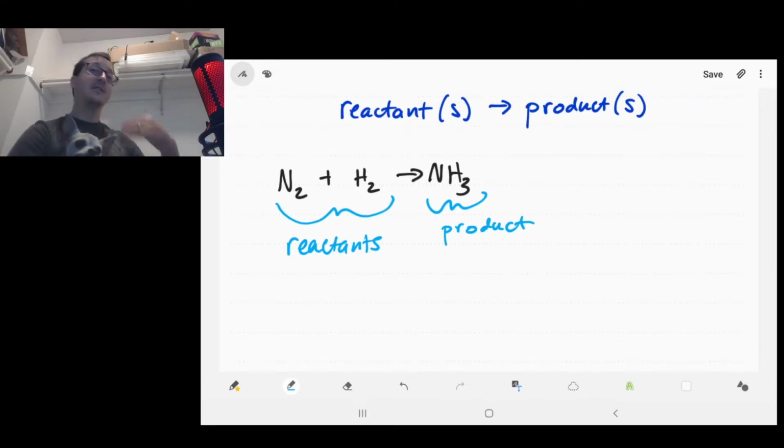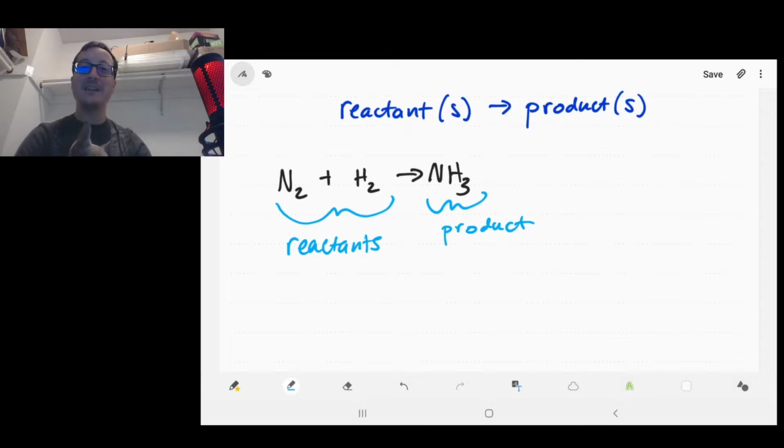We're going to learn in this and the next chapter how to predict the products of a reaction, how to predict the state of matter of a product, and finally how to use a chemical reaction in terms of quantifying.